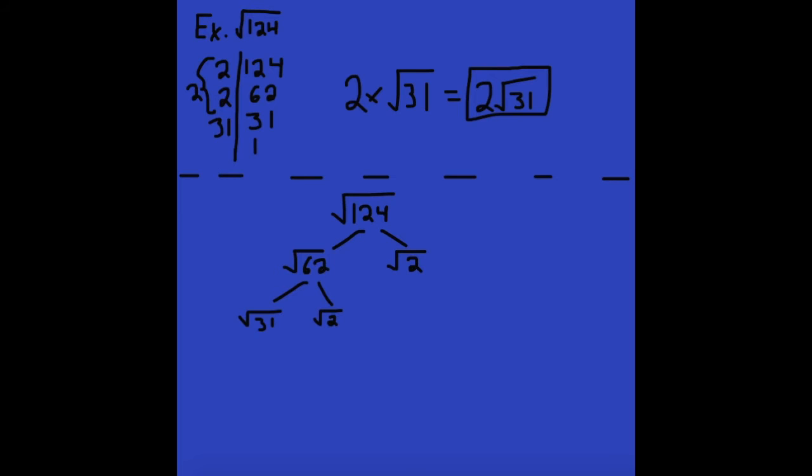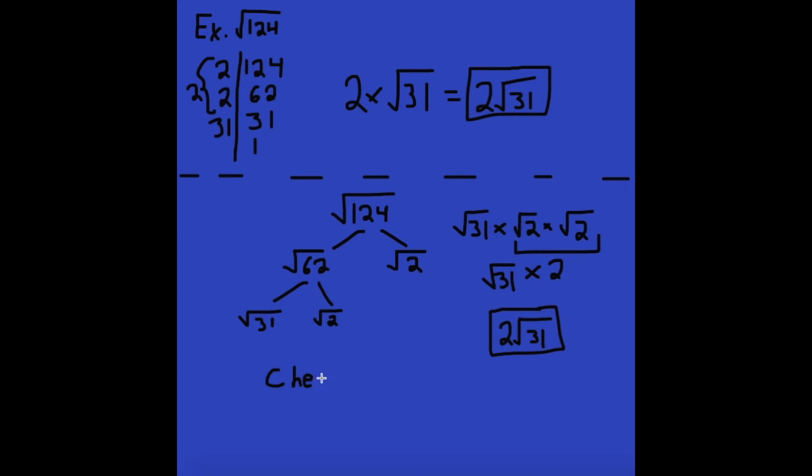Now, we can't break it down any further. We can't break radical 31 down or radical 2 down. This is equal to radical 31 times radical 2 times radical 2. Radical 2 times radical 2 equals 2. Therefore, our answer is 2 radical 31, which is the same as our previous answer.